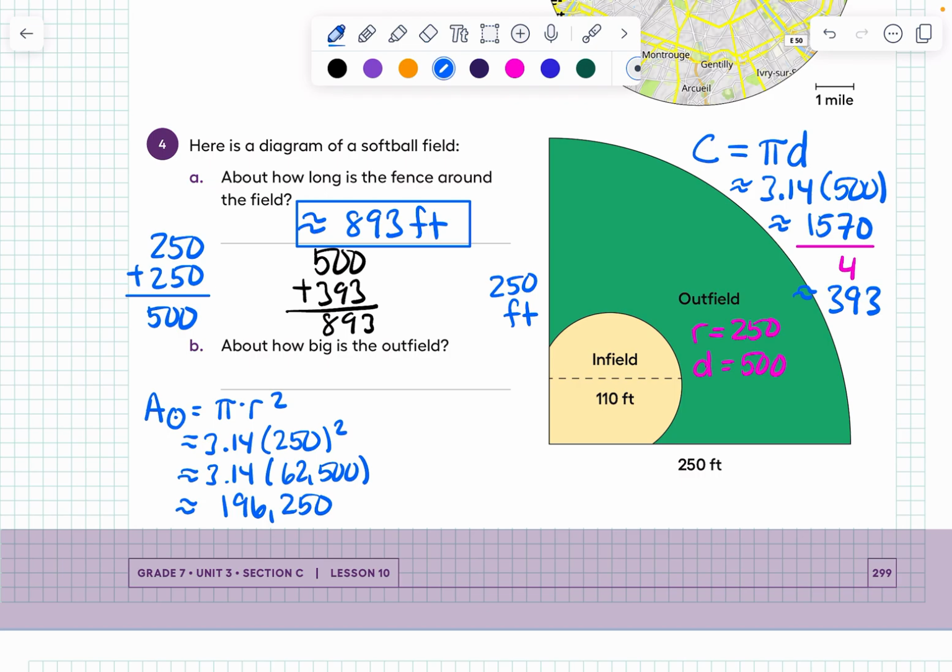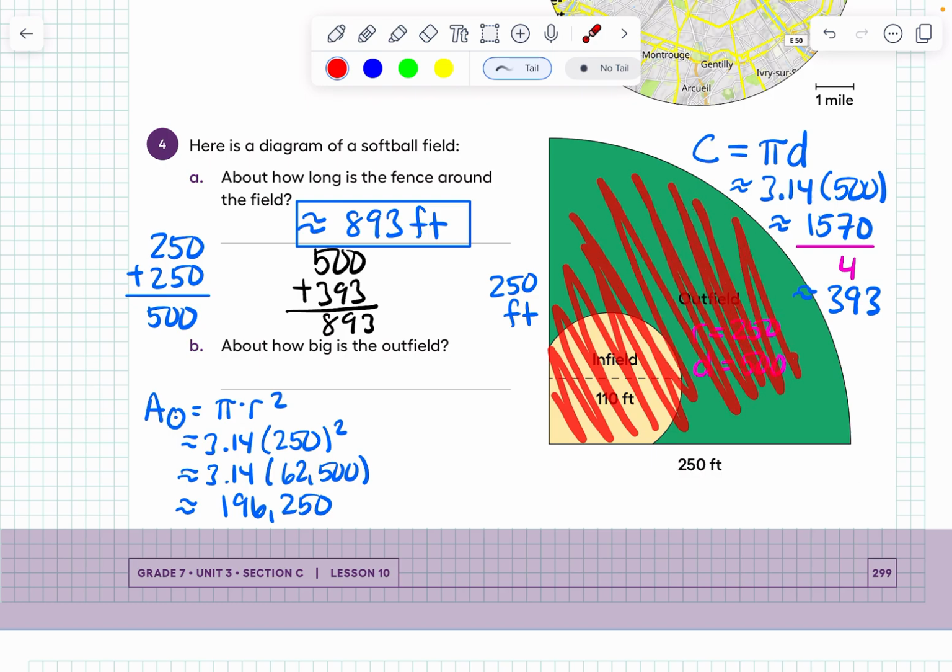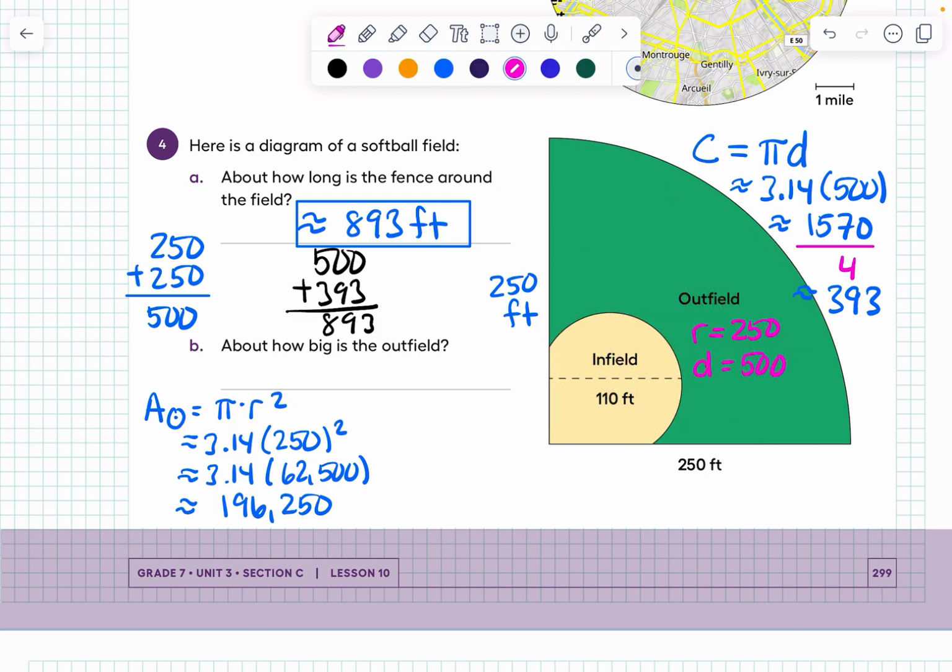But that's the area of one entire circle. We only have 1/4, okay? Remember, this is what I'm doing right now. We're finding the area of 1/4 of a circle. So we're going to divide this by 4. And the 1/4 of the circle area of the outfield, let's take it to the nearest whole number, would be 49,063, okay?